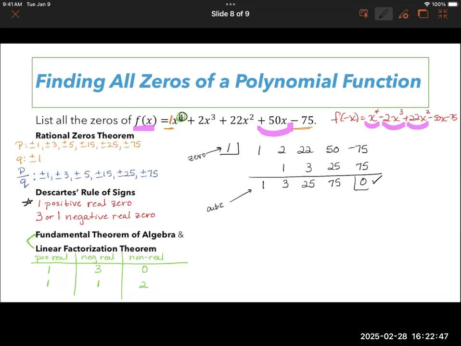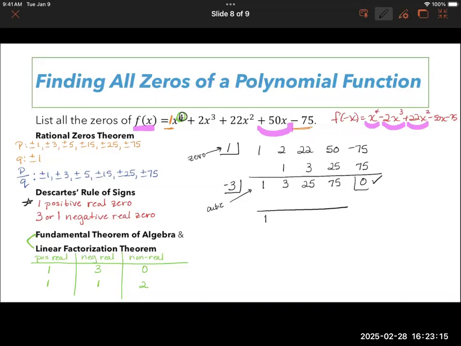So I don't need to try any of the other positive zeros from that rational zero list. So I need to start thinking about negatives now. And again, if you're able to look at a graph, it looks like there might be an x-intercept at about -3. So we're going to use the -3 now with that resulting quotient that we got.